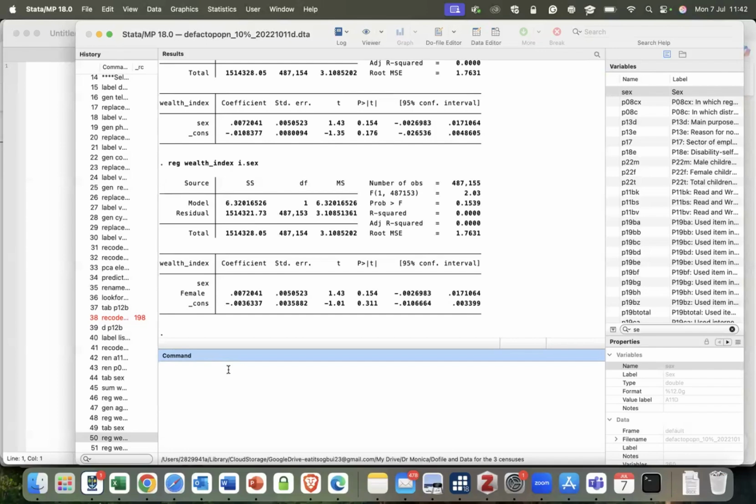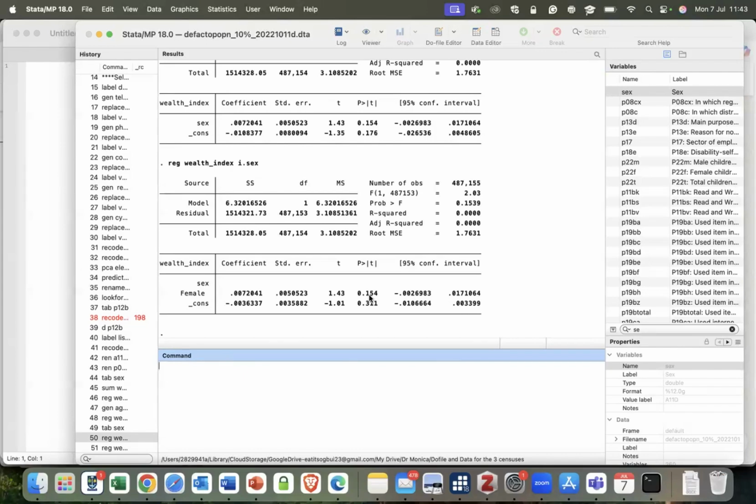So when you look here, you can clearly see that judging from the p-value, it is not significant because it's above 10%. When you convert this into percentage, that's 15.4%, meaning that the coefficient of female is not significant.